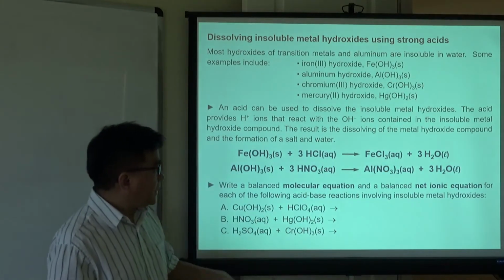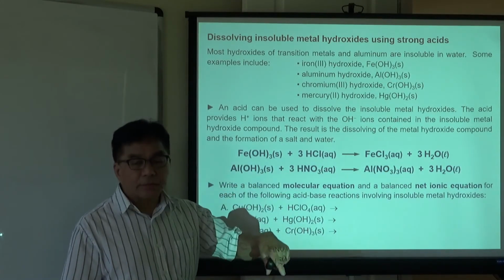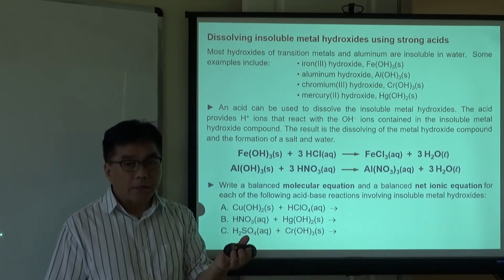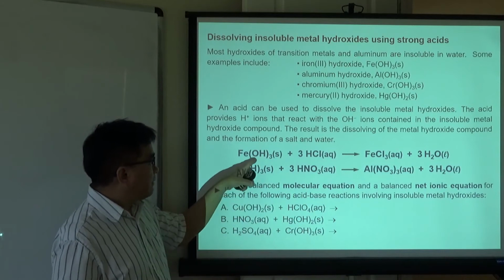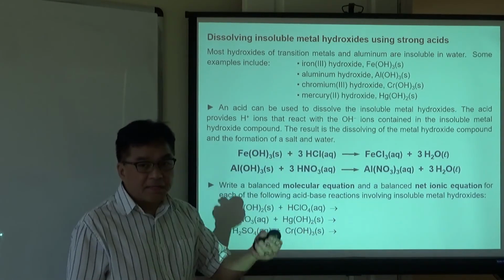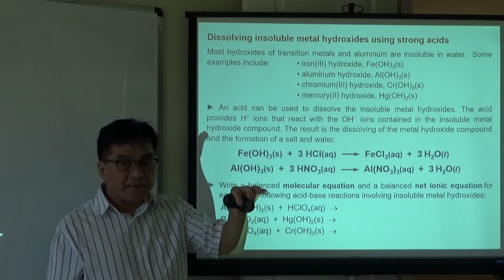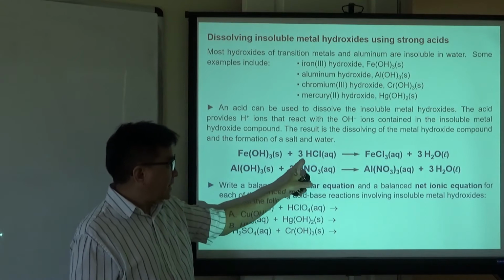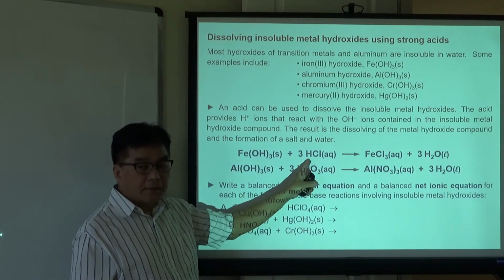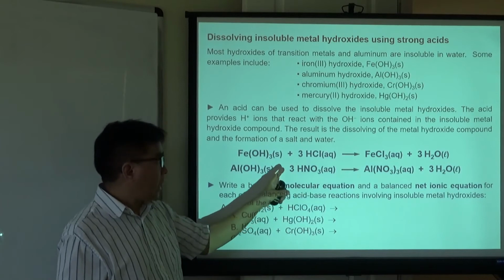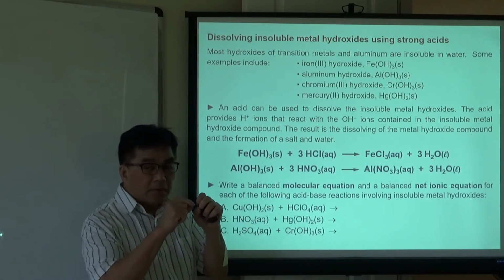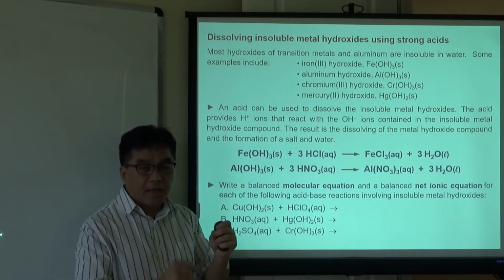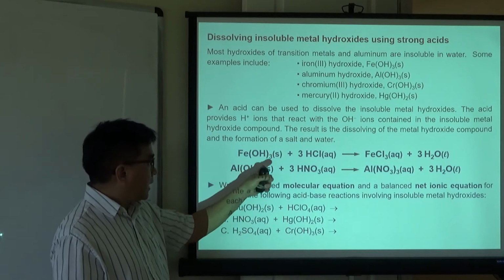Okay, so what happens is that if you add an acid to it, so here you have a beaker that has water, and there's a whole bunch of this ferric hydroxide, which is insoluble, sitting at the bottom. But if you pour some acid into it and stir it around, the acid produces hydrogen ions, and the hydrogen ions are going to zoom right into the solid crystal formed by the ferric hydroxide, because they are ionic compounds and it's not soluble.